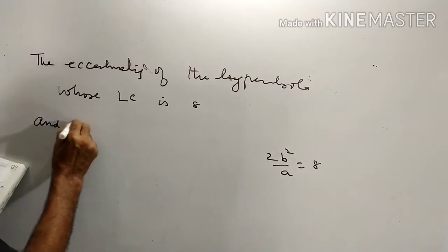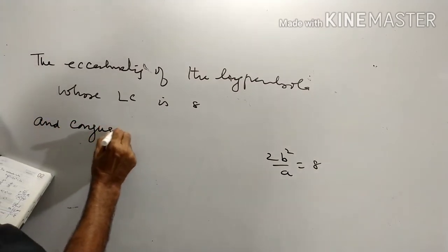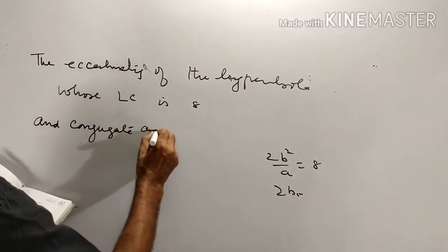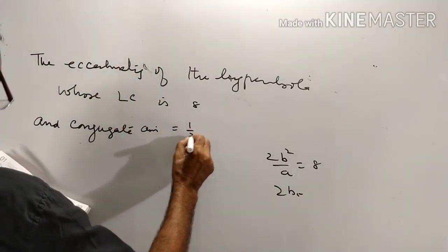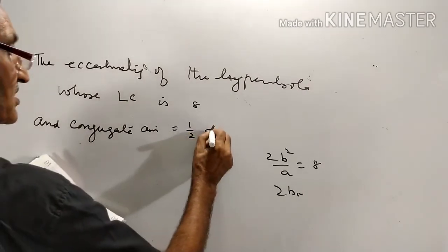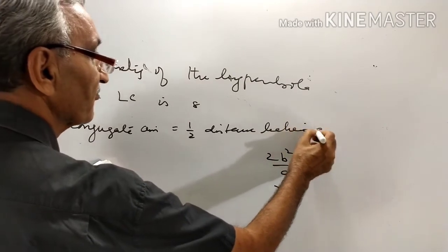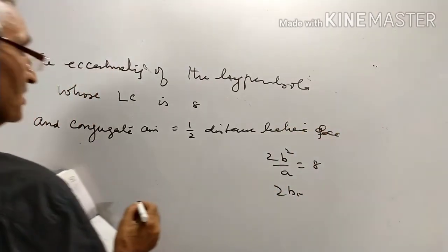And conjugate axis. Conjugate axis means 2b. Conjugate axis is equal to half of the distance between the foci. What is the distance between the foci?